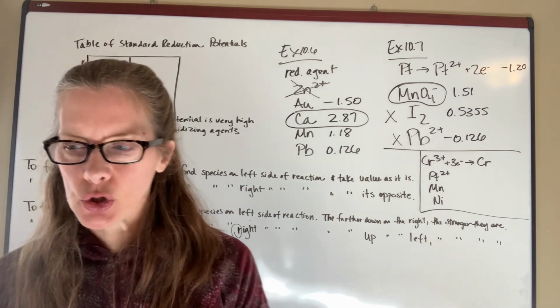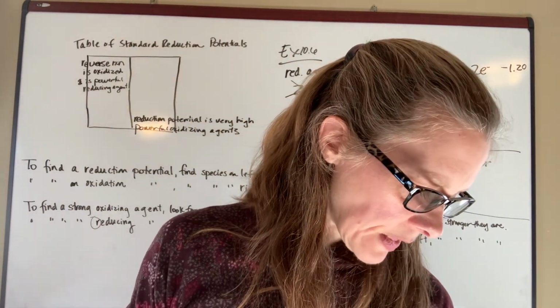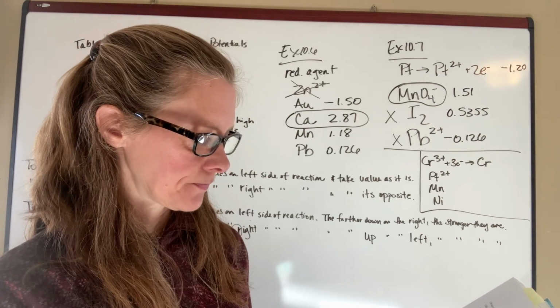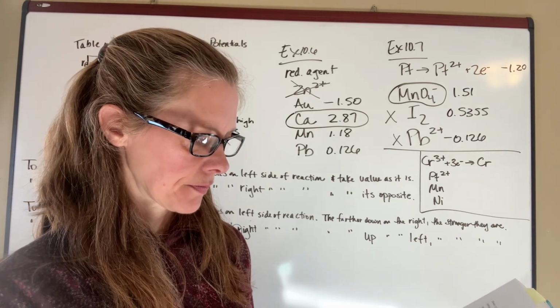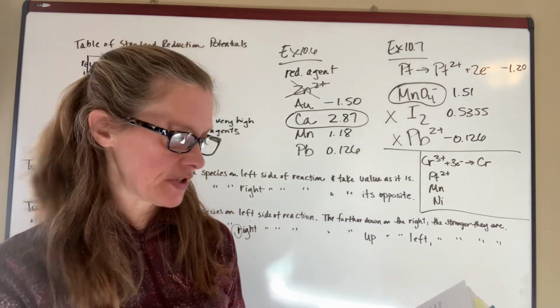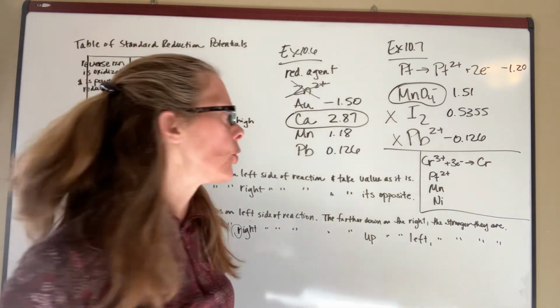When I find the chromium on here, let's see where that is. There it is, about halfway down on the left-hand side. That reaction has a negative 0.74.